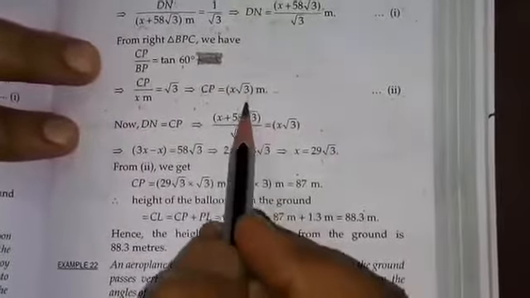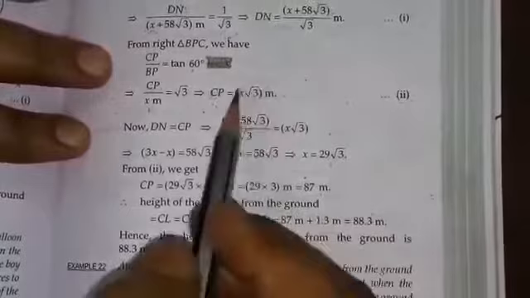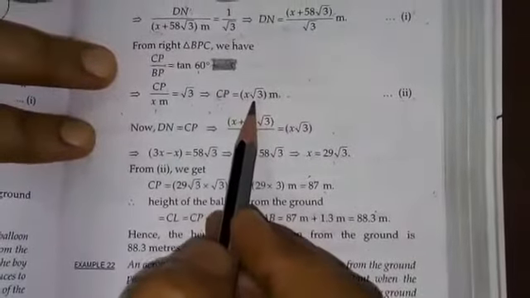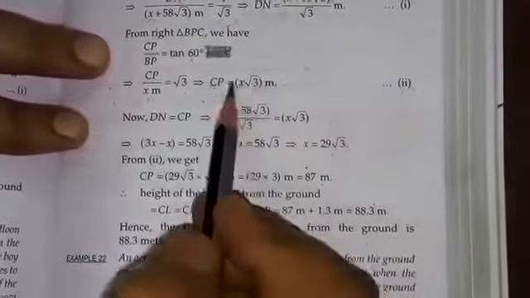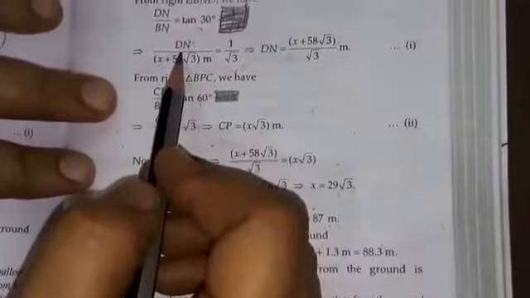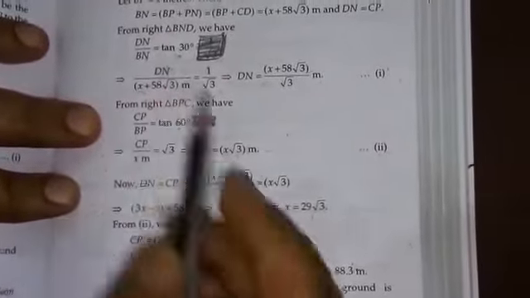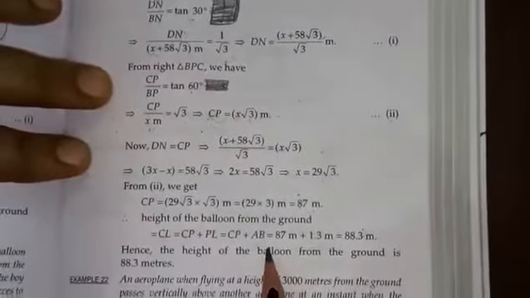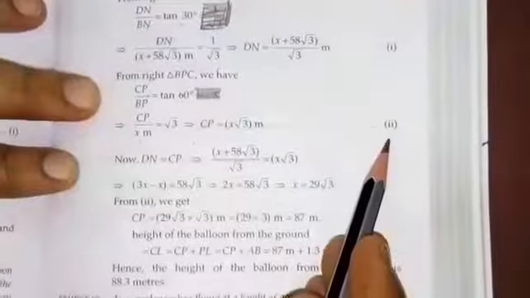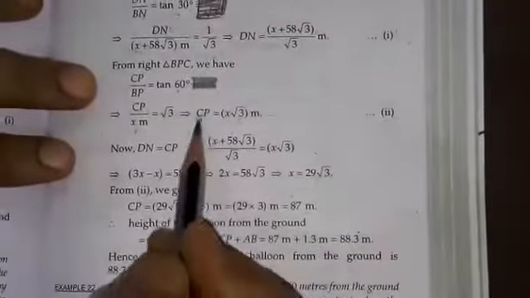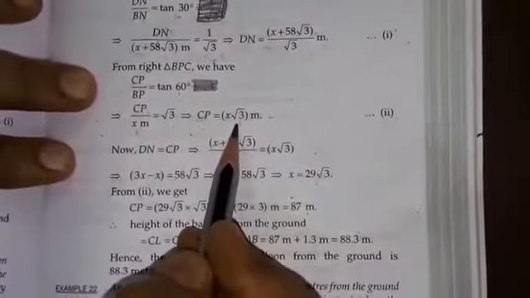So the other way of doing it is, now CP is X root 3, correct? So we can just substitute this. This is 2. We can substitute this in the first one. We can use the substitution method also. Here in this book, it's solved by equating 1 and 2. We could also substitute. What is CP? X root 3.